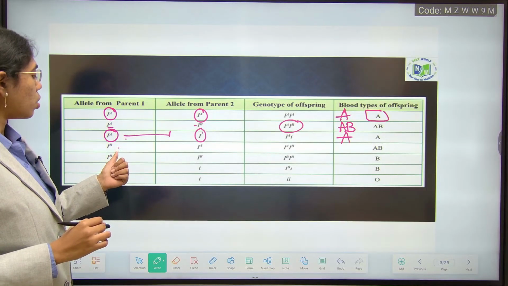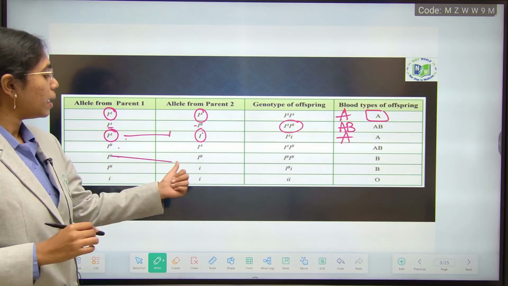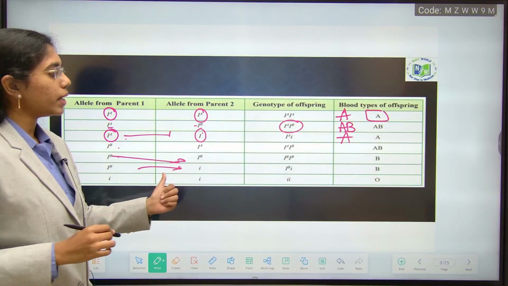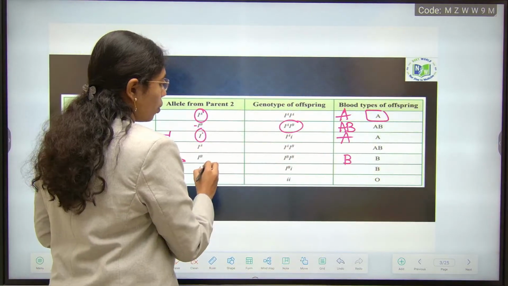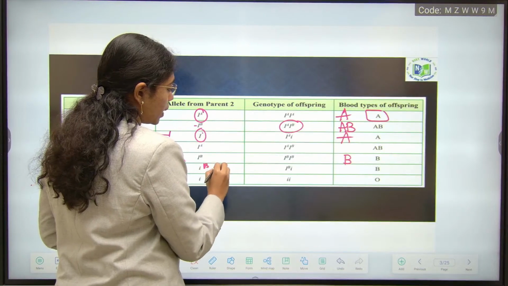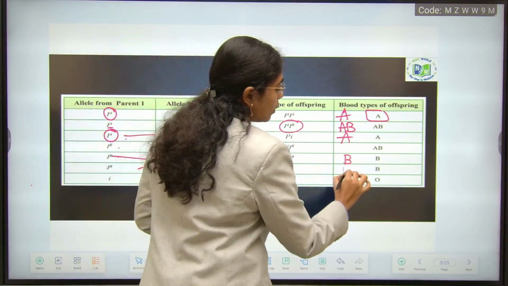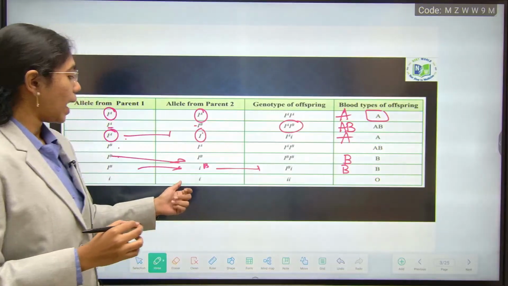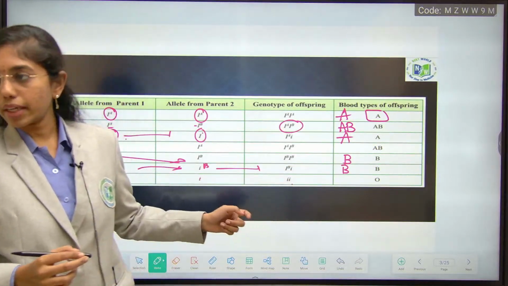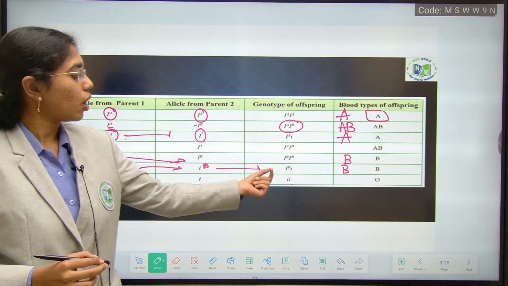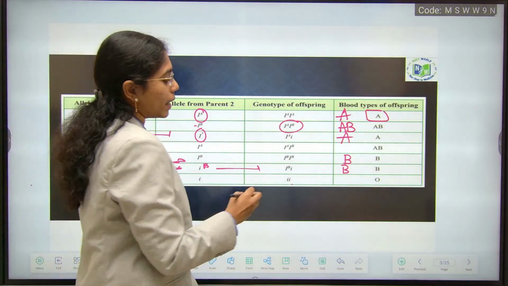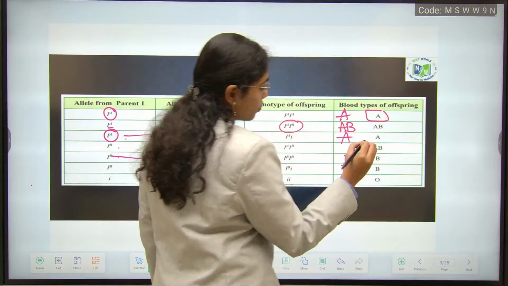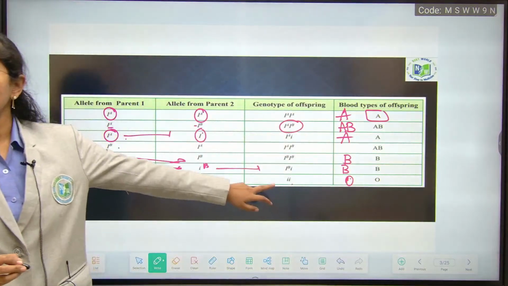The same goes for B blood group. IB will give rise to B blood group. IB, IO, wherein IB will be dominating over IO, will give rise to B blood group. And with no antigens on it, the I allele from both the parents, IO, will give rise to O blood group.